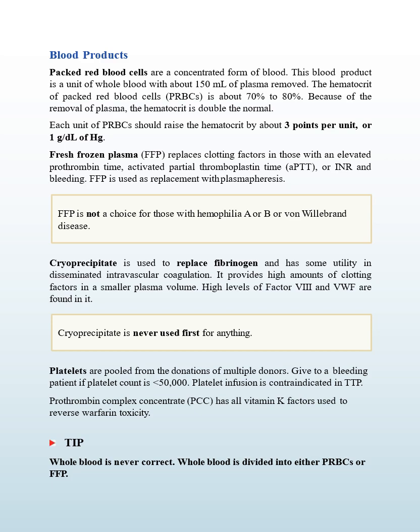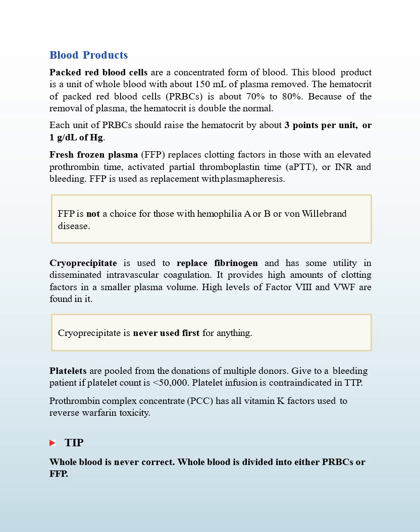The third blood product is cryoprecipitate. This product is used to replace fibrinogen and has some utility in DIC. It provides a high amount of clotting factors in a smaller plasma volume.